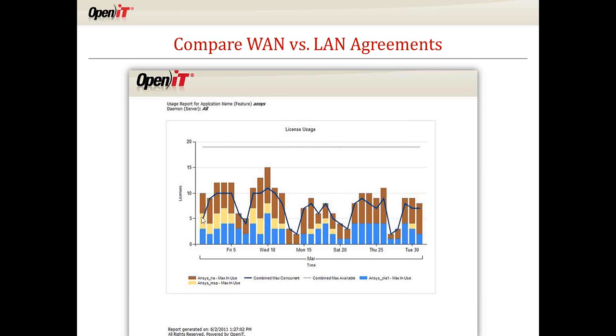What if we wanted to look at a global agreement? Well, again, they would just add this number up and we would do the math and calculate what the advantages were of looking at that. But really, if we look at the true global concurrent usage, this blue line represents it. So instead of 15, we only need 11, or it could be instead of 150, right, we need 110.